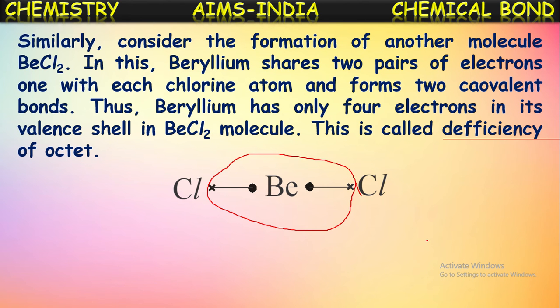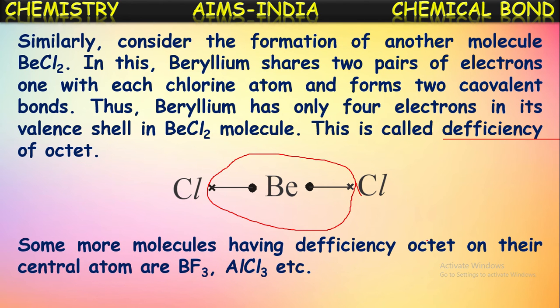Let us see some more examples in which the central atom still has a deficiency of octet, meaning fewer than 8 electrons even after bond formation. If you see boron trifluoride, the BF3 molecule, the central atom is boron and its configuration is 2, 3, meaning in the valence shell it has only 3 electrons, and it is sharing three pairs of electrons, one with each fluorine atom.